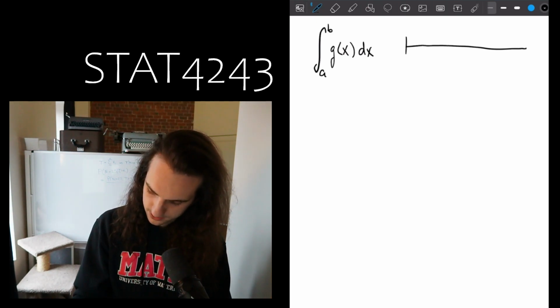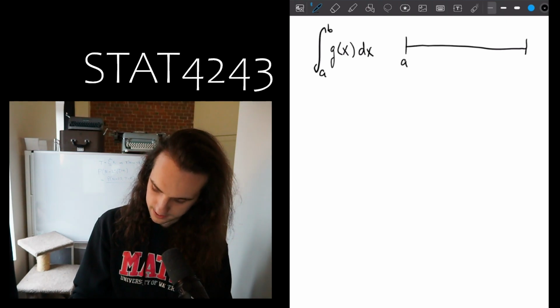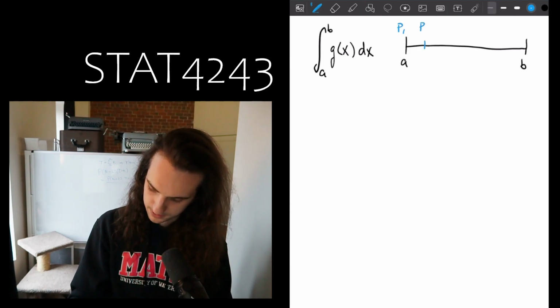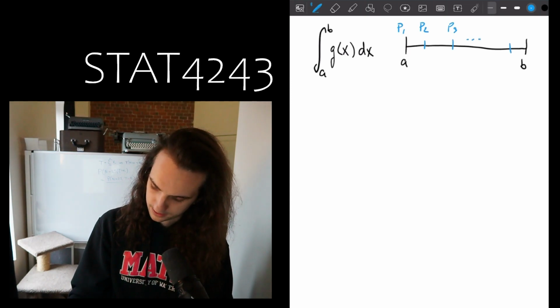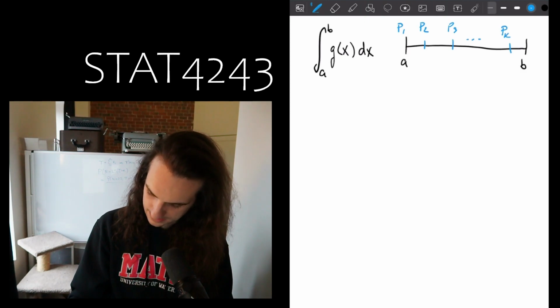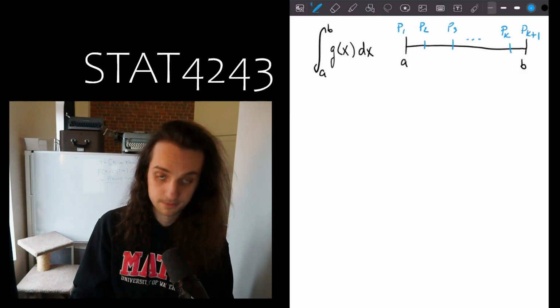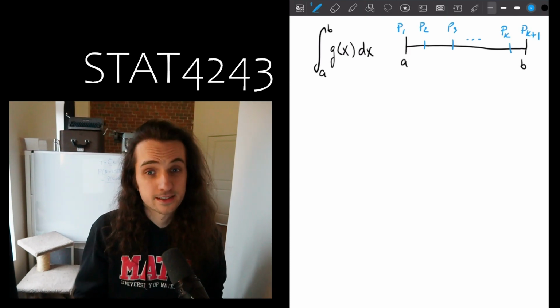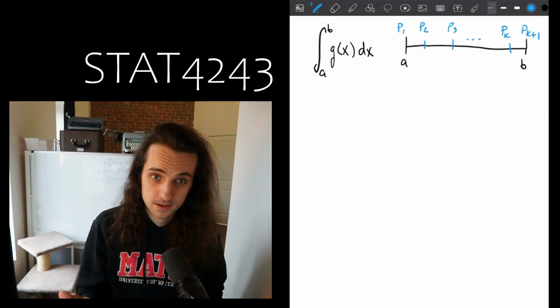And so if we have this interval that we're on here, a to b, then maybe we call a p1, and then we draw in a p2, and then a p3, and so forth up to, I don't know, for instance, say pk, and then pk plus 1, right? And so here we've formed k distinct sections, right? And we're just dividing up this integral.